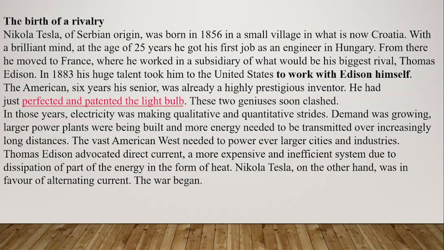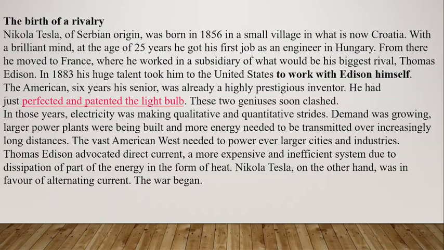The American, 6 years his senior, was already a highly prestigious inventor. He had perfected the light bulb. These two geniuses soon clashed. In those years, electricity was making qualitative and quantitative strides. Demand was growing. Large power plants were being built and more energy needed to be transmitted over increasingly long distances.